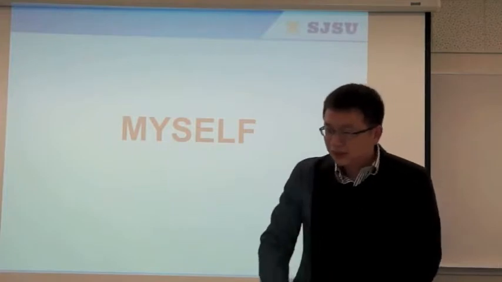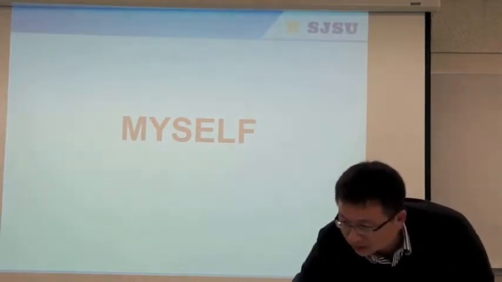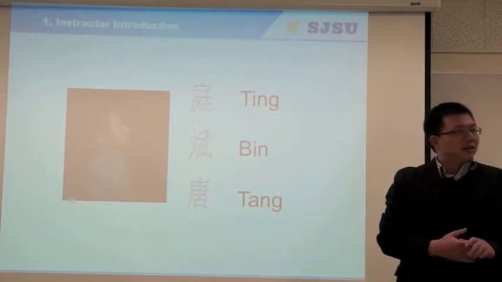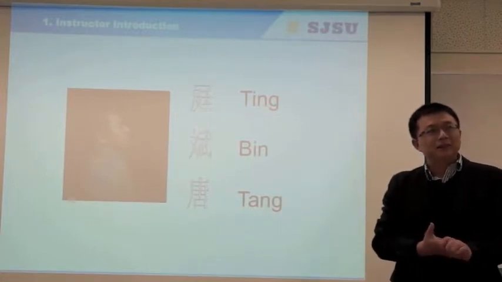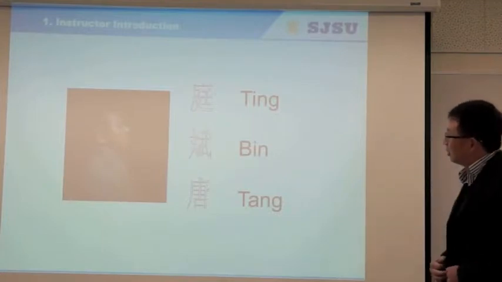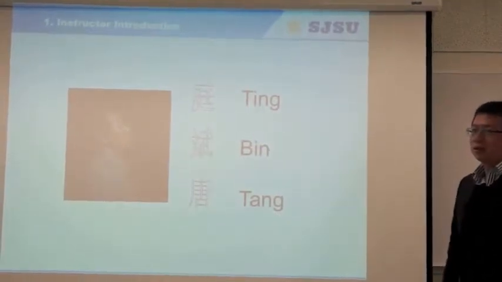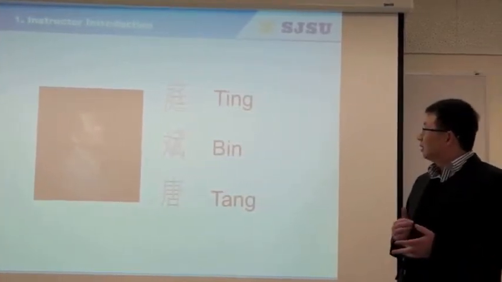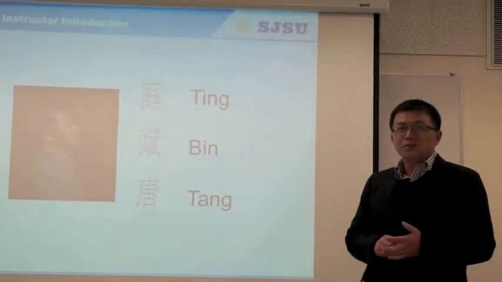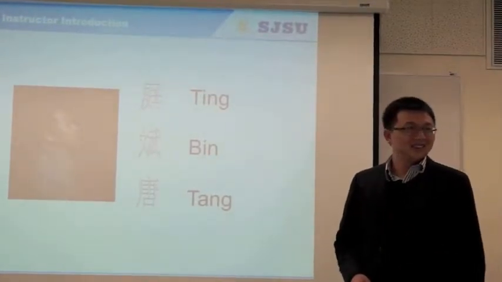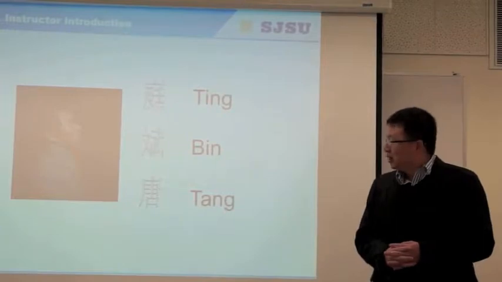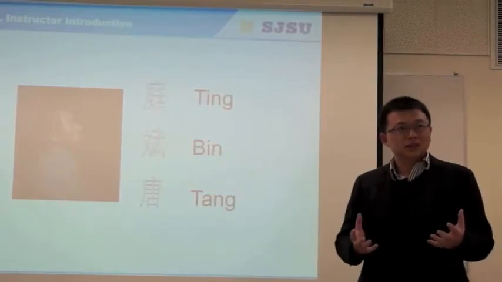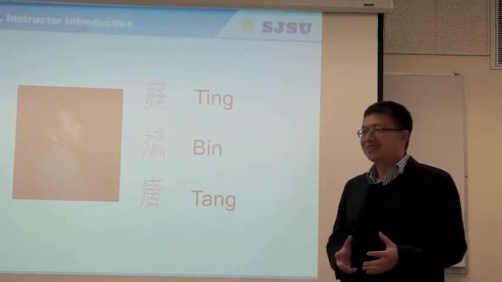So I'll introduce a little bit about myself to you guys. My name is Tingbin Tang. Actually, you have all three words in English, even though it's a Chinese name. Ting in English means tin, right? Ting is a sun, right? Bin is a box, which I suppose is used to store a lot of crazy ideas, right?